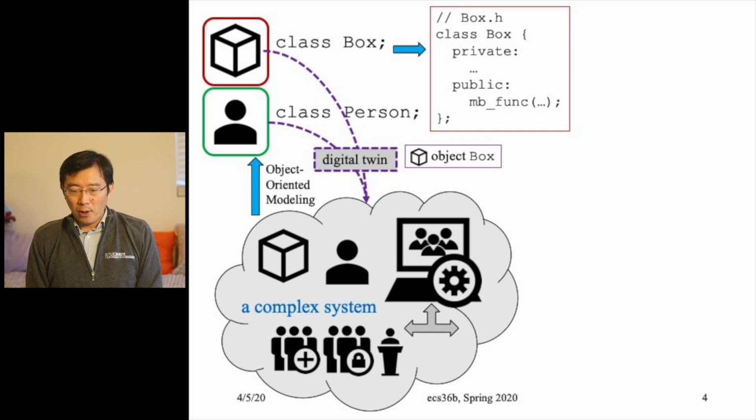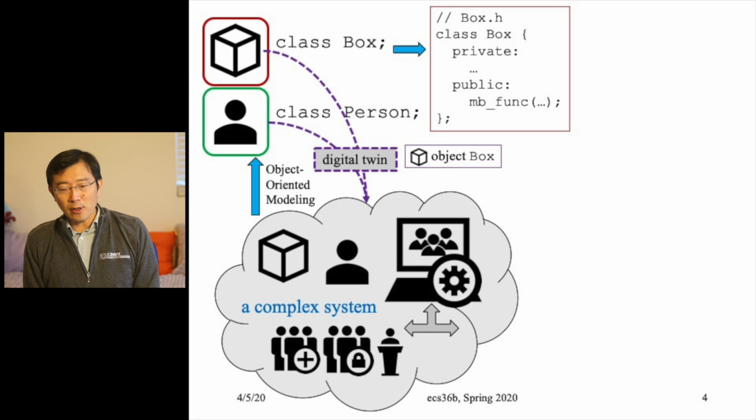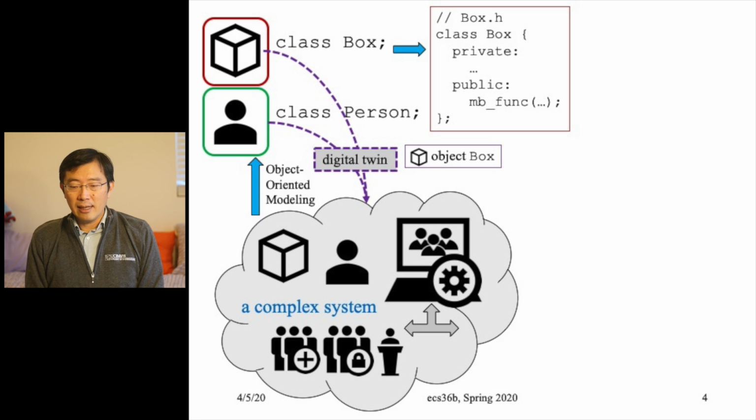For example, now we're looking at the class box. In the class box, I show you an example, just like in the second lecture, box.h from your chapter 11 example. Within this class definition, you have a private section and a public section.